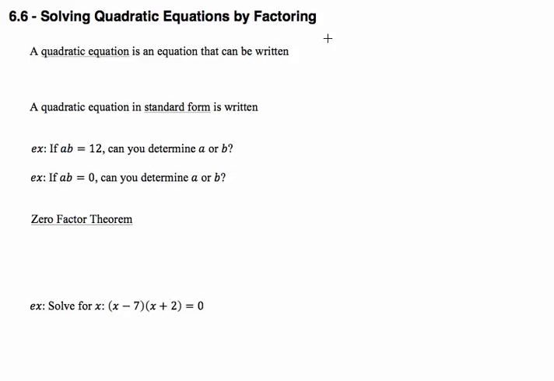Well, it's an equation that can be written somewhat in this form: ax squared plus bx plus c equals 0, where a, b, and c are constants. Those are just numbers.